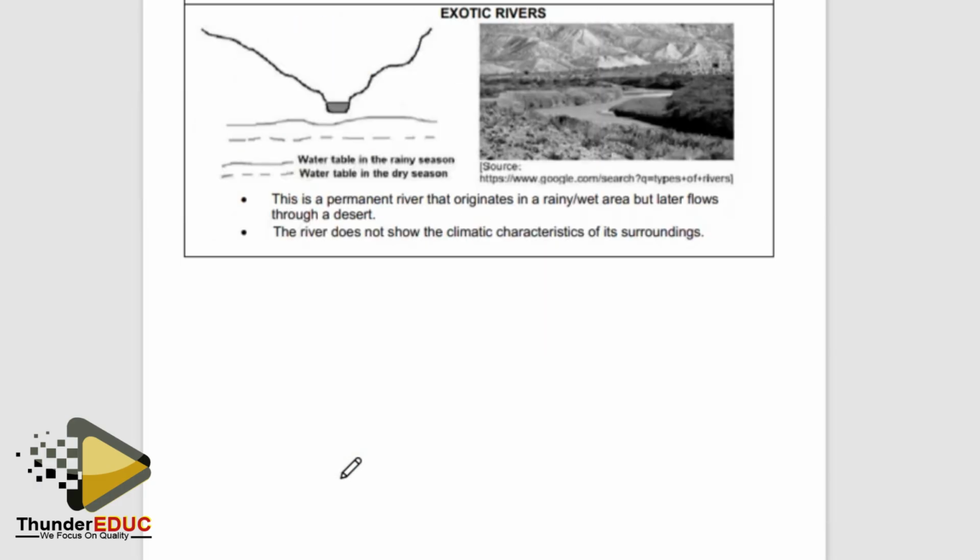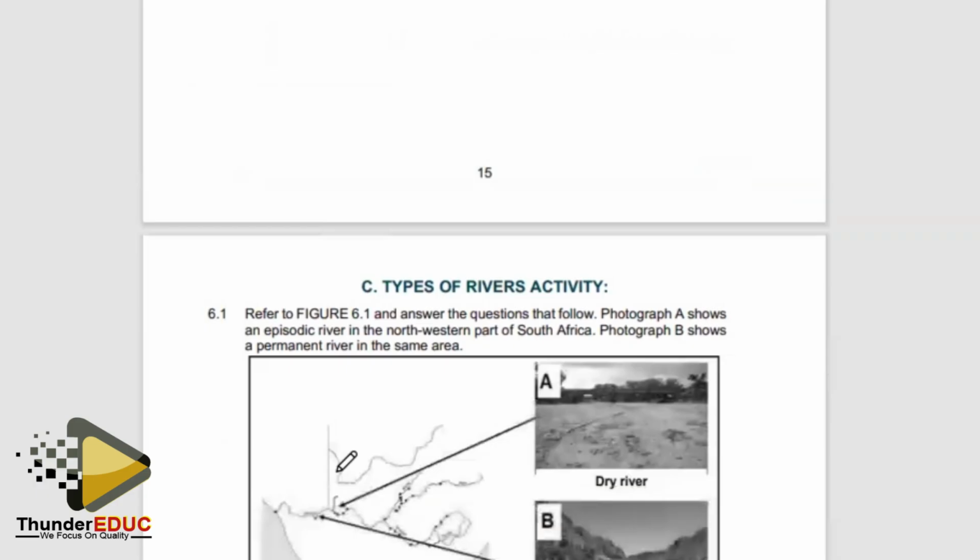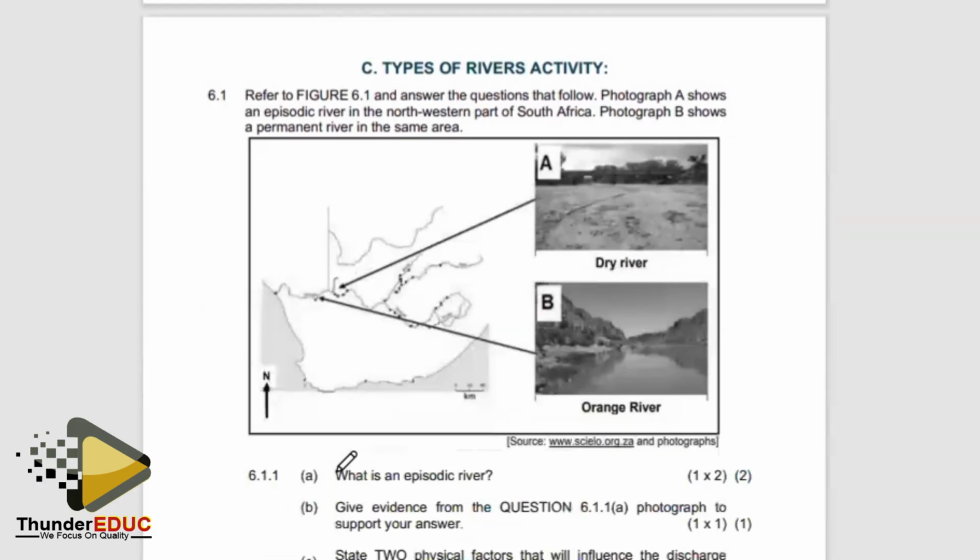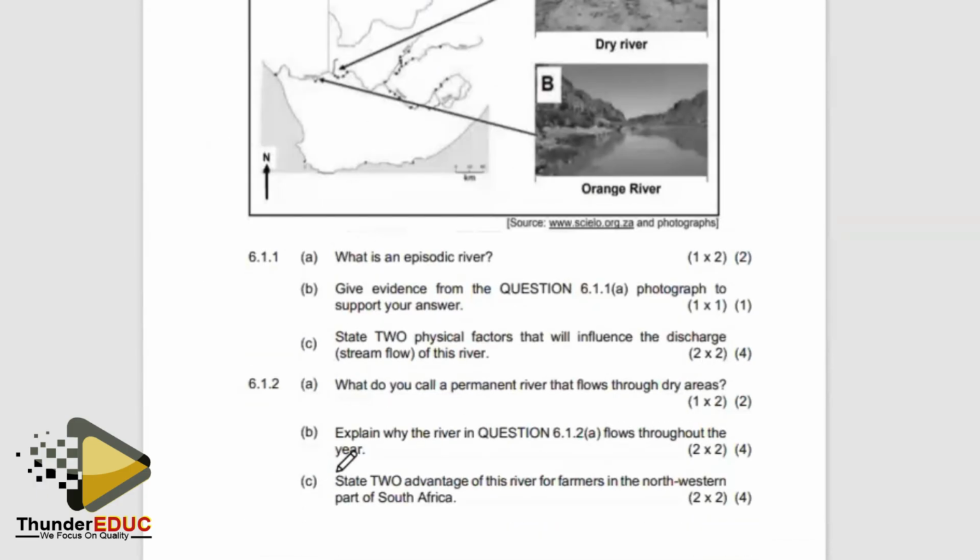You usually get questions which require you to explain those rivers in relation to the water table and be able to figure out how those rivers differ in terms of their discharge because of the position of the water table. So when we are checking on those, refer or relate to the level of the water table, whether it's the dry season water table or the wet season water table, and relate them to their intersection with the level of the water table in a particular season.